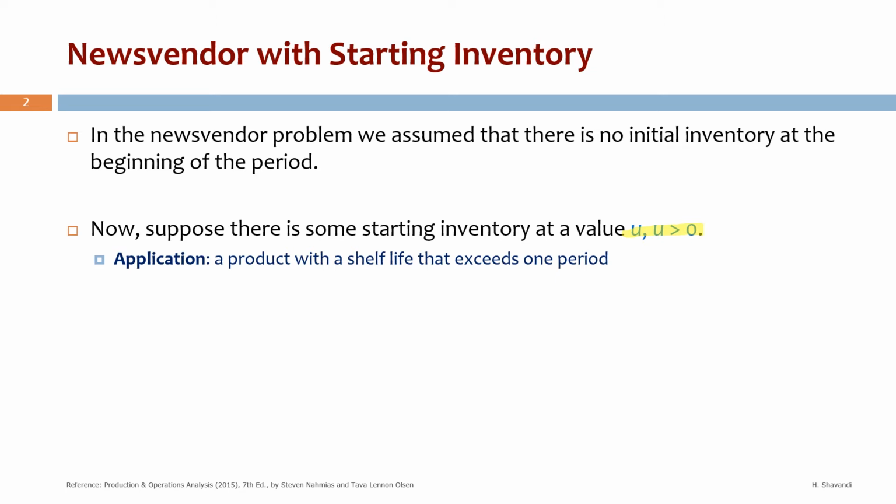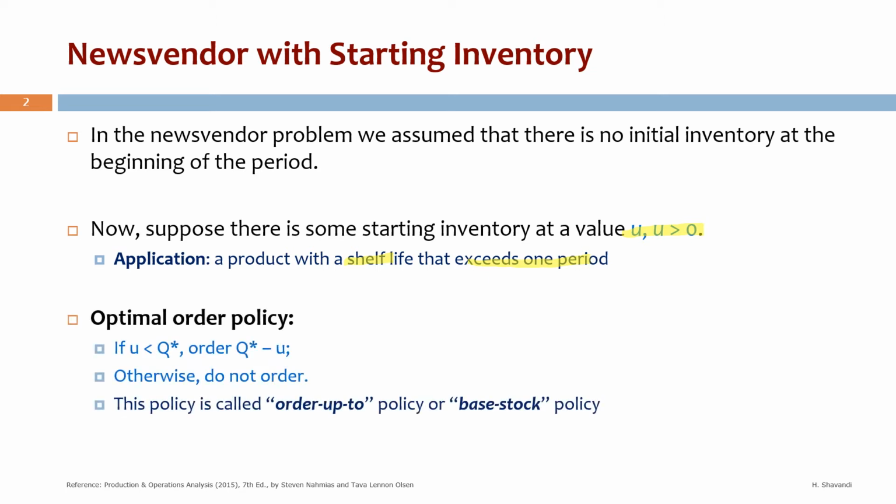For the application, anytime that the shelf life of the product exceeds one period, then we may have initial inventory at the beginning of each period. Okay, so here our optimal order policy will be this.